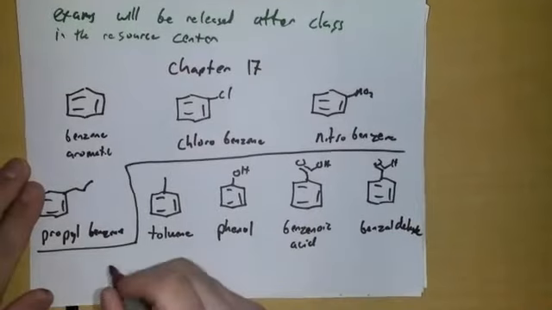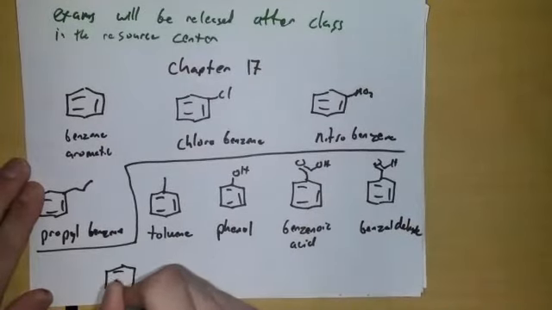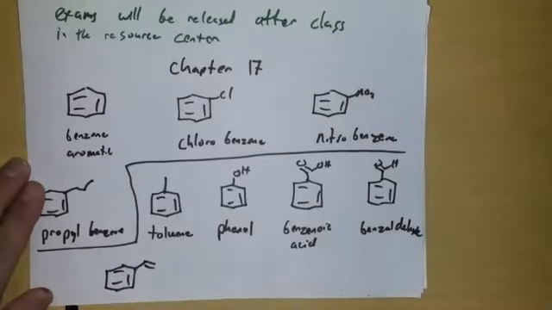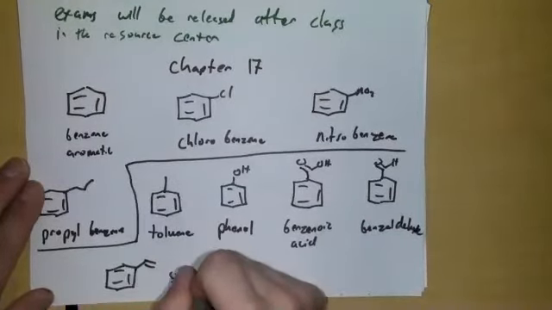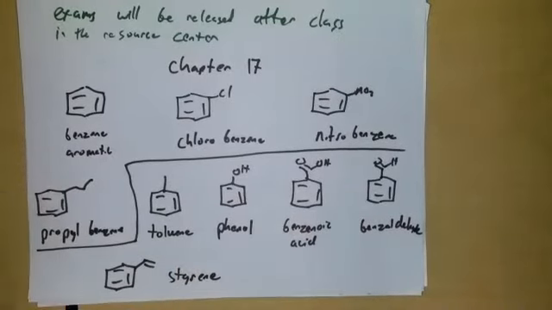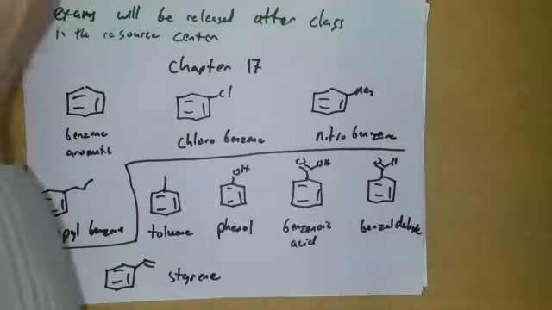The last one I usually talk about is just styrene. They make styrofoam. It's an ethylene with benzene. And we may or may not get to it today. These are some common names.